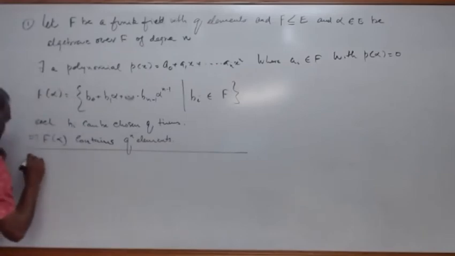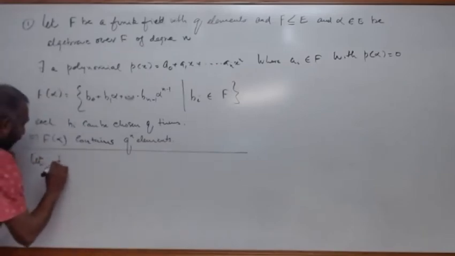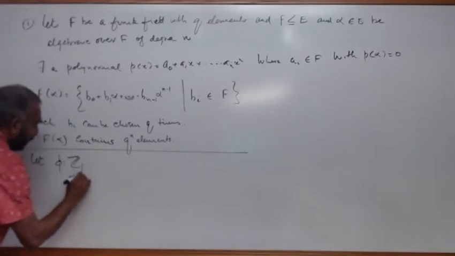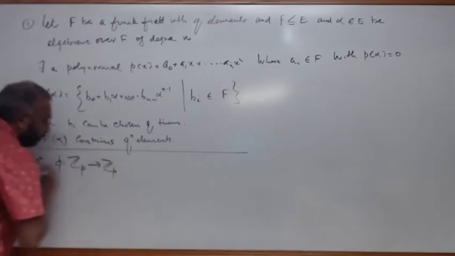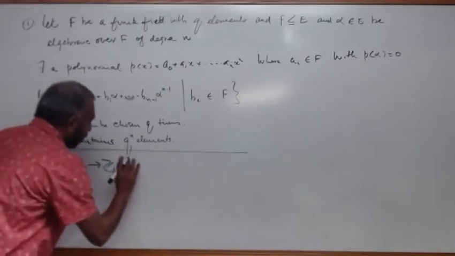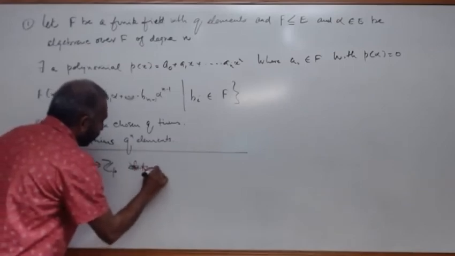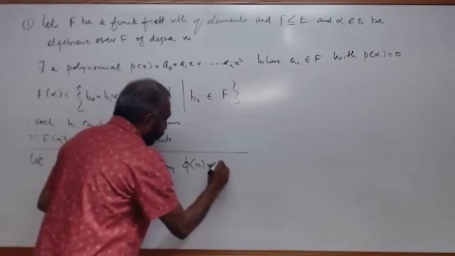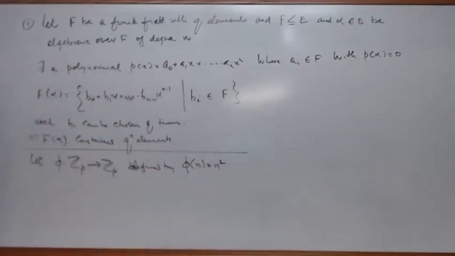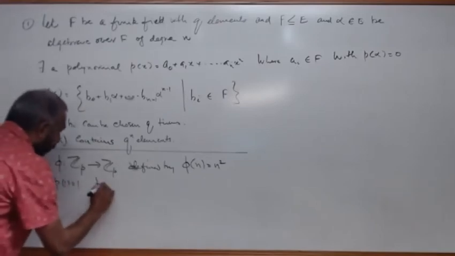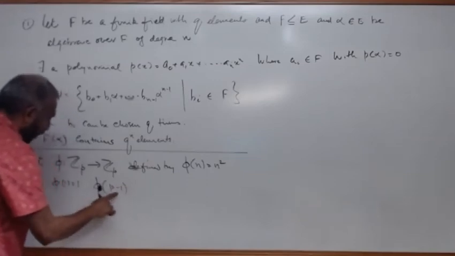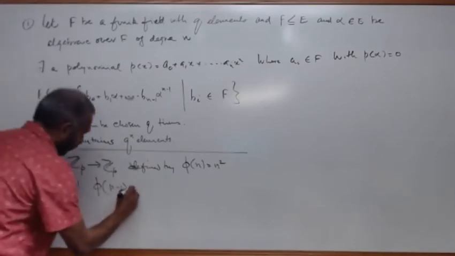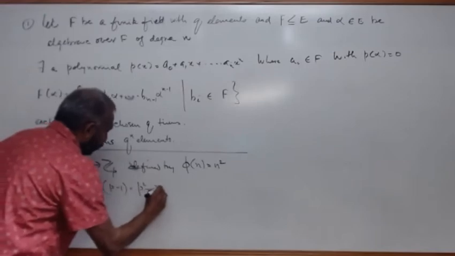So let phi be a homomorphism from Zp to Zp, defined by phi of n is equal to n square. That implies phi of 1 is equal to 1. And phi of p minus 1, where p minus 1 is an element of Zp, is p square minus 2p plus 1.